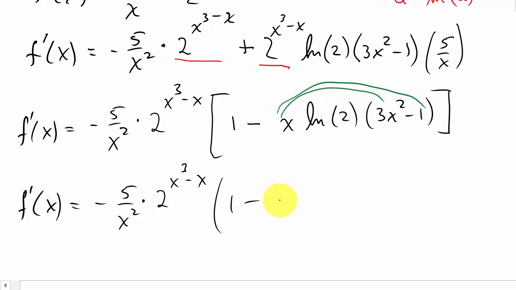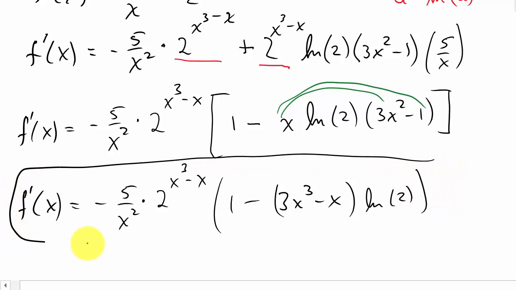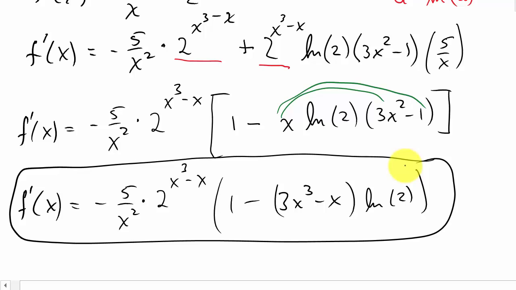I guess it really doesn't matter, but that would be 3x cubed minus x times natural log 2. And so I guess this would be good enough here. There are other ways to simplify it. Pick a way that might be easiest for you to do. This is just one way.